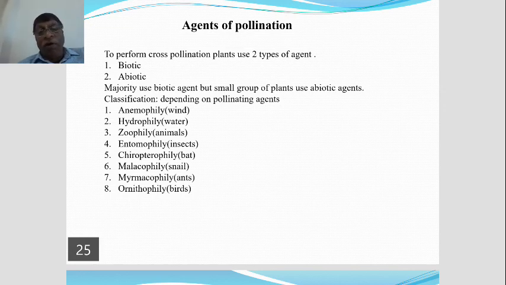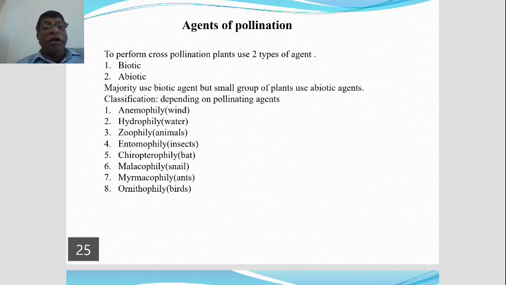Say for example, bees, butterflies, wasps, flies, ants, birds like sunbird, hummingbird, even bats and crow, and some of the big animals like primates, lemurs, arboreal rodents.